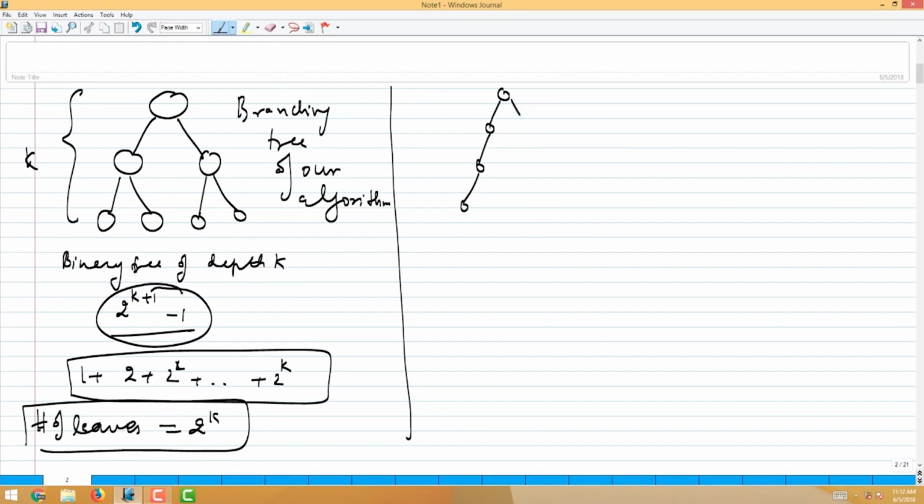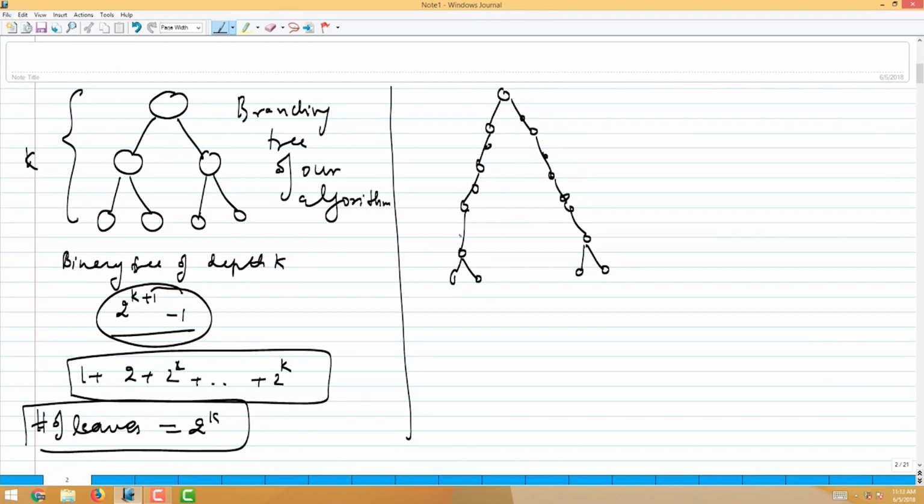Let me call a vertex an internal vertex of the tree if it's not a leaf. Yeah, but there is a slight catch. For example, I could have a tree like this. How many leaves are there in this tree? 4. How many internal nodes are there? A lot. I can draw as many as I want to. It's not a function of the number of leaves, right?